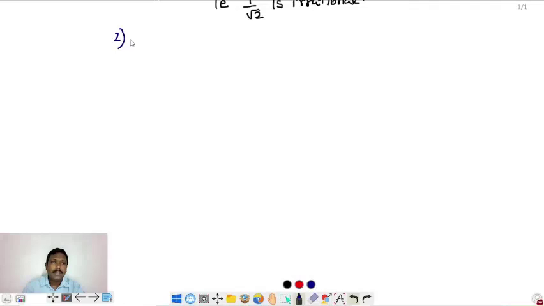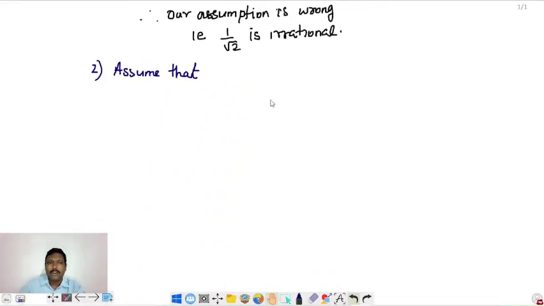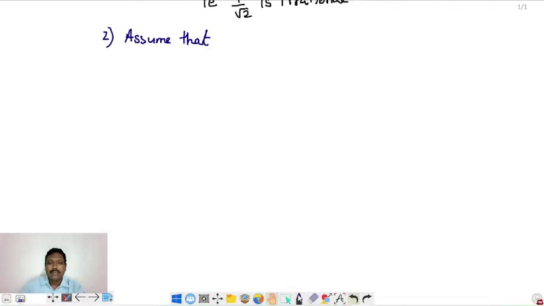Second one, assume that 7 root 5 is rational.